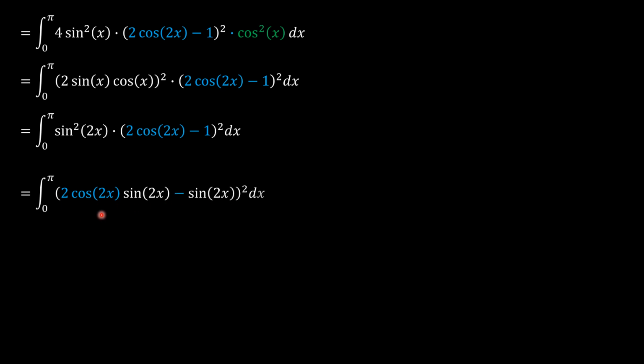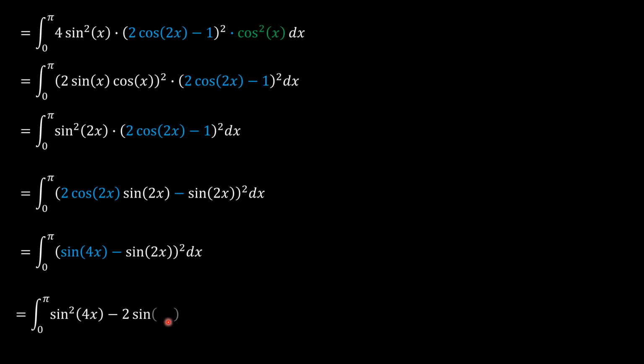Okay, this is the same as sine 4x, right? Because yeah, this is sine 4x. When we square that, we get the integral of the square of sine 4x minus 2 sine 4x sine 2x plus sine squared 2x. Okay, so that's what we have for now.